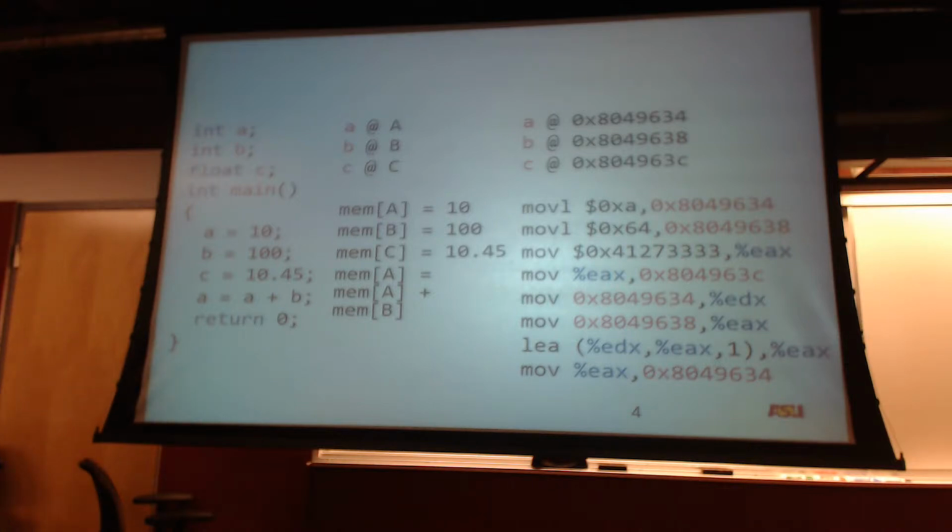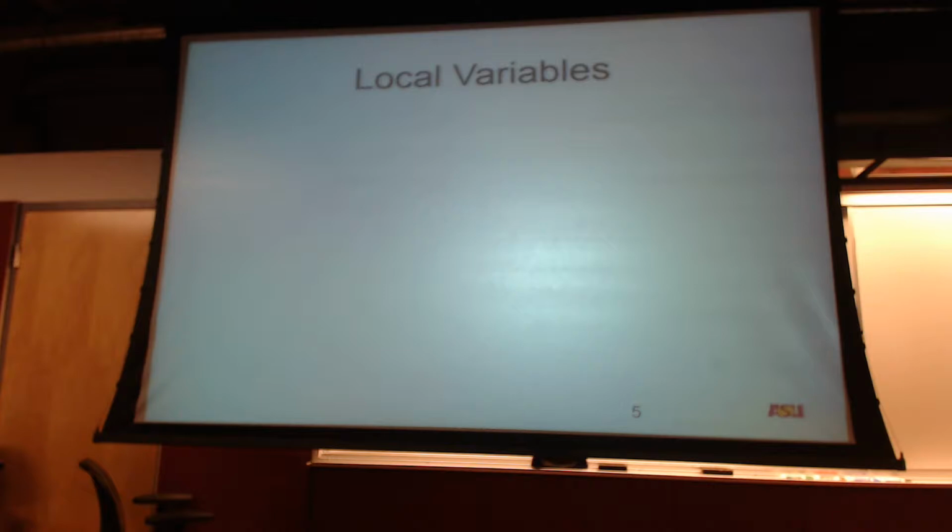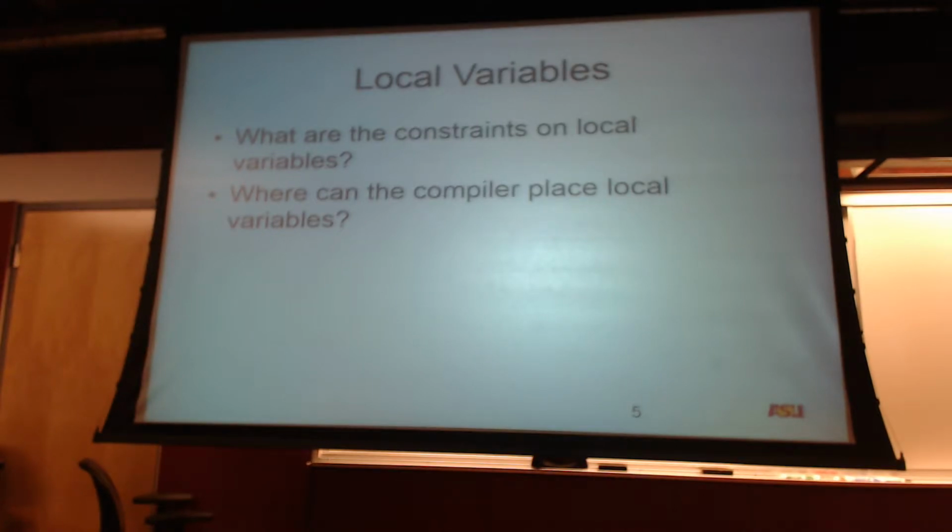Now what do you do for local variables? What are the constraints? Where can the compiler place the local variables? Where do they place the local variables? Stack. Why do they place them in the stack?